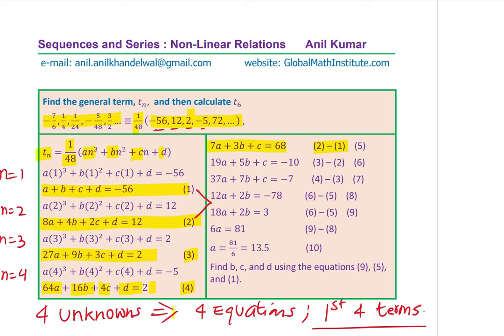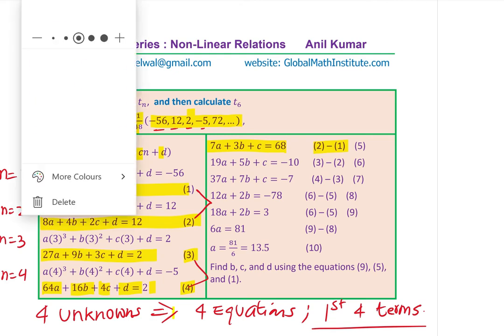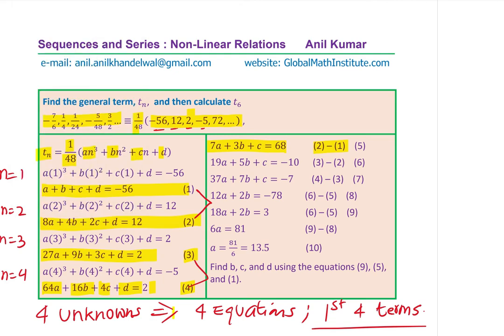Similarly, we'll do the difference between equation 4 and 3. So when you do the difference between equation 4 and 3, you get another equation here. Well, you will also do the difference between 3 and 2 to get your third equation without d. So we have three unknowns and three equations to further solve.